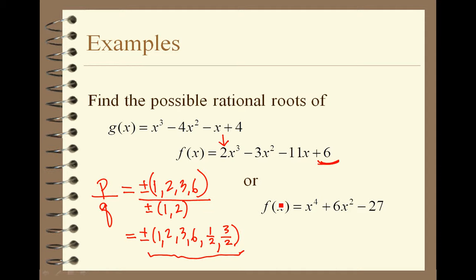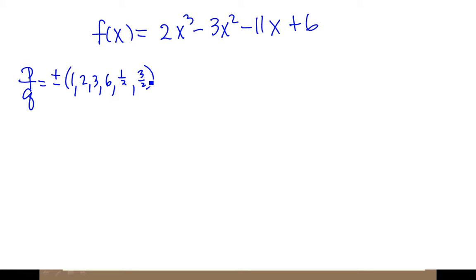Now, in order to figure out which possible roots are actual roots, we can use synthetic division. What we're going to do is just choose a number randomly. I usually choose positive 1 first. So let's choose positive 1.